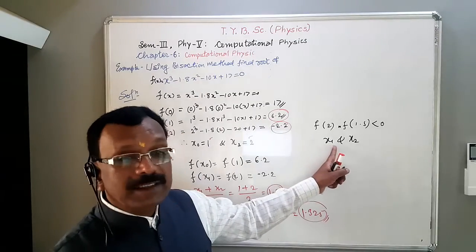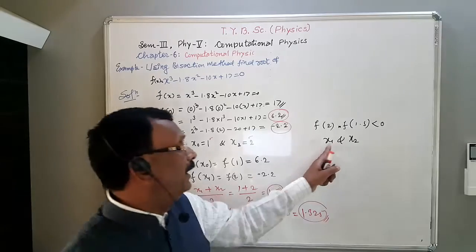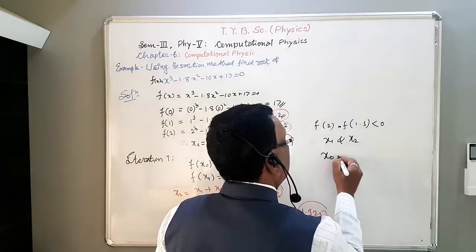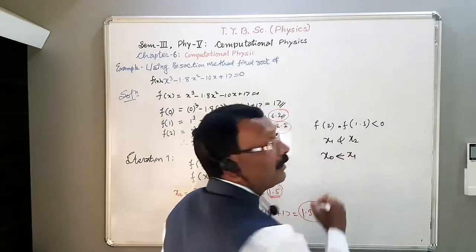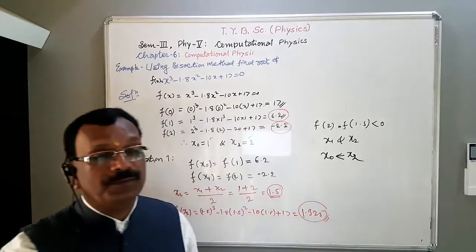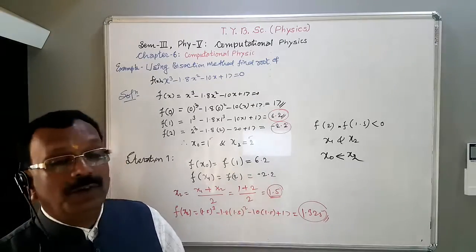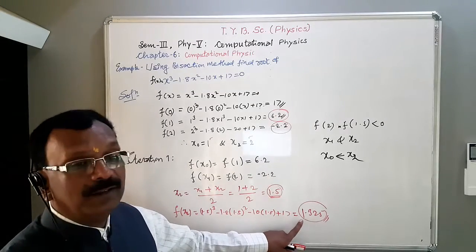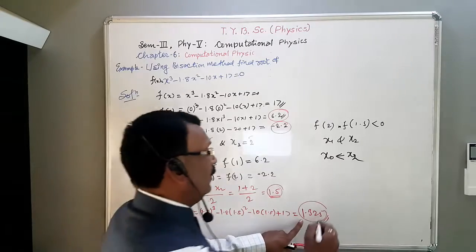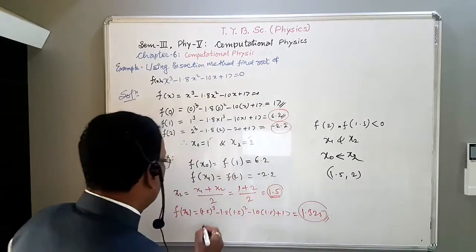When the root lies in between x1 and x2, what do we have to do here? Simply replace x0 by x2. And after replacing x0, we will get the new interval. What is the new interval? 1.5 and 2. This is the new interval.